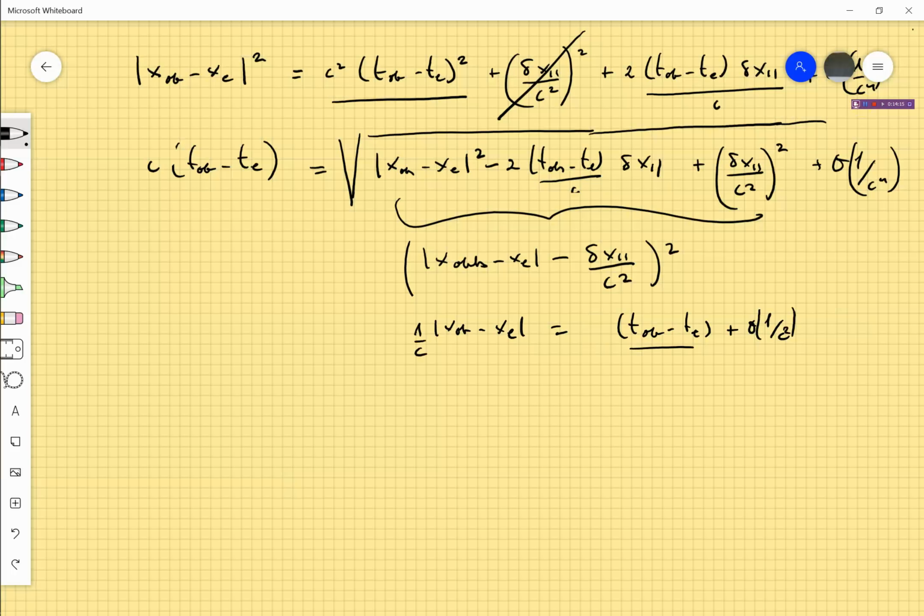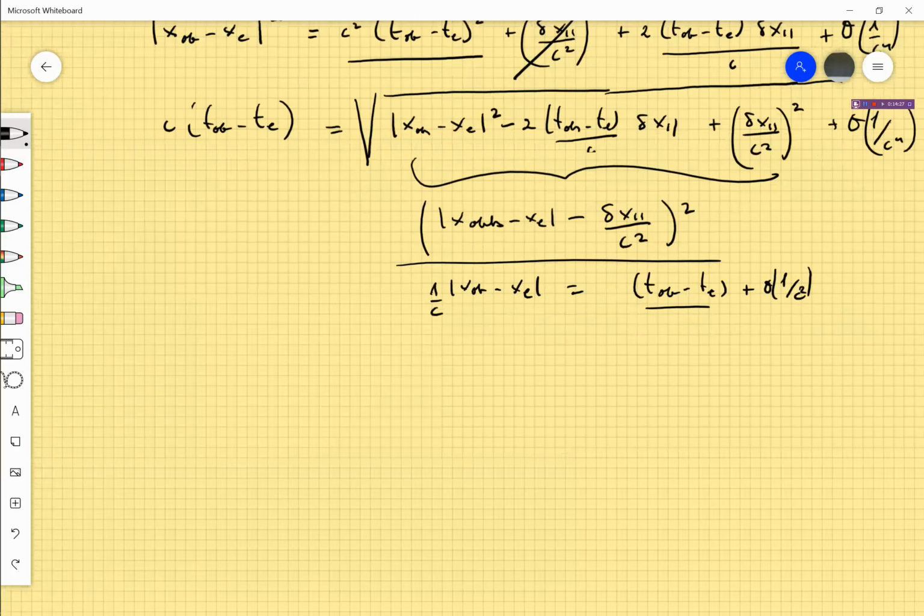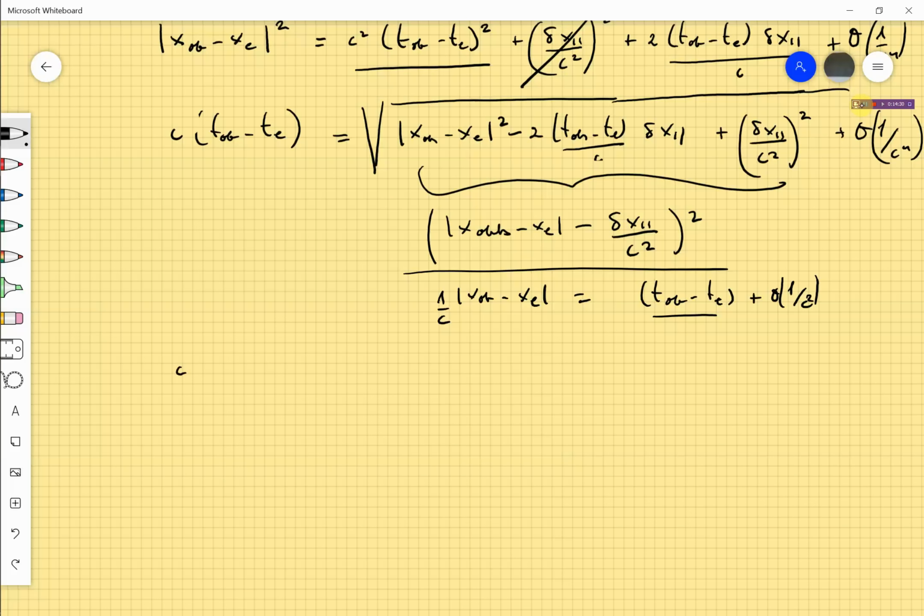This is what I have done here, and this is why the whole thing becomes this square, again an approximation to the order in which we are working, and you arrive at the expression t obs minus te equal to x obs minus xe minus delta x divided by c squared plus terms of order 1 over c4.